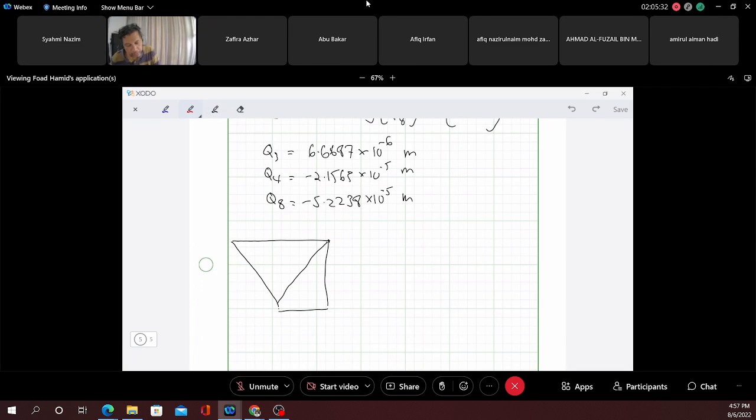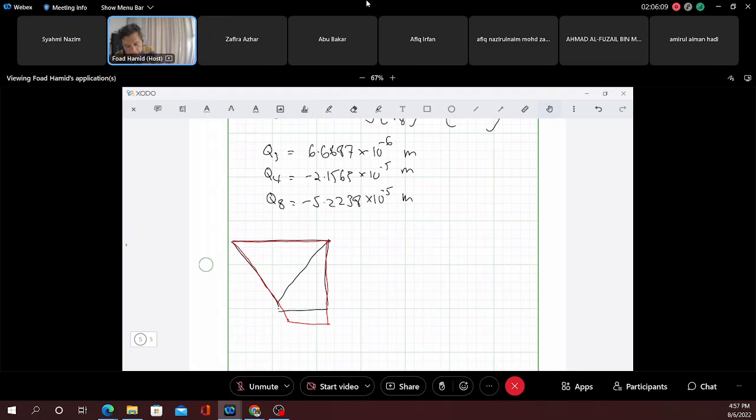Q3 moves to the right hand side, but Q4 is going downwards. So this becomes this because from this point to this point is positive, but from this point to this point is negative. And Q8 is originally here, so it moved to maybe this point here. So this is the deformed shape.